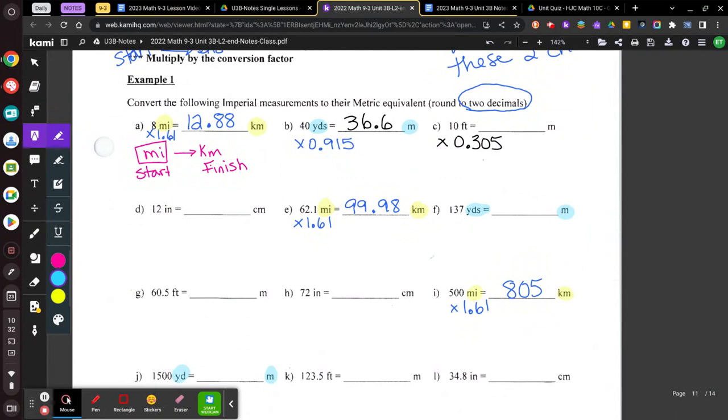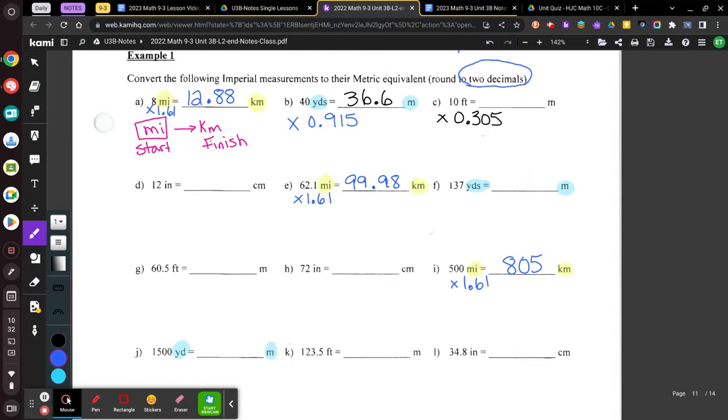Now we're looking at the blue one. It multiplies by 0.915. So that's what we're multiplying all of these ones by. So on this blue one, we are timesing by 0.915. Okay? All right.